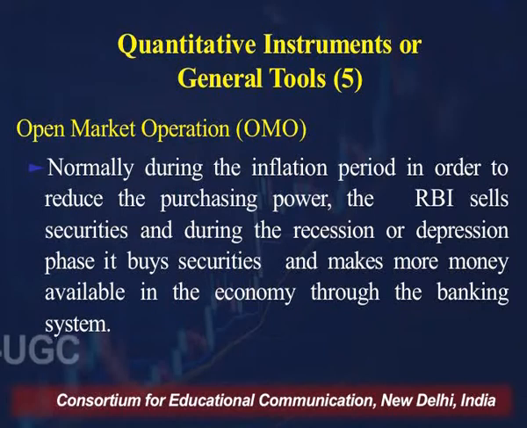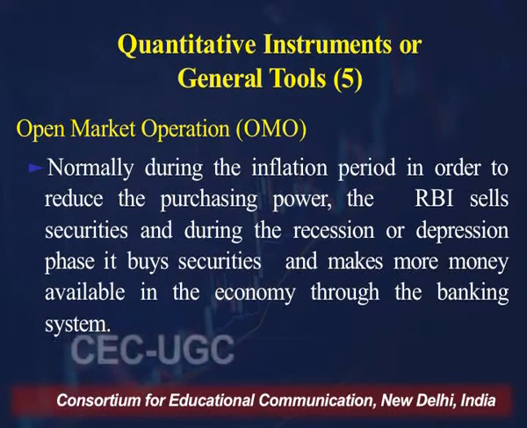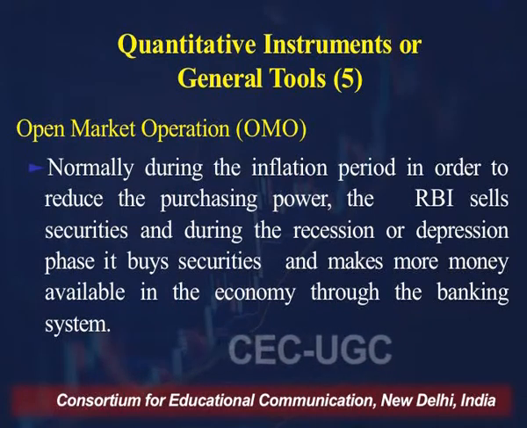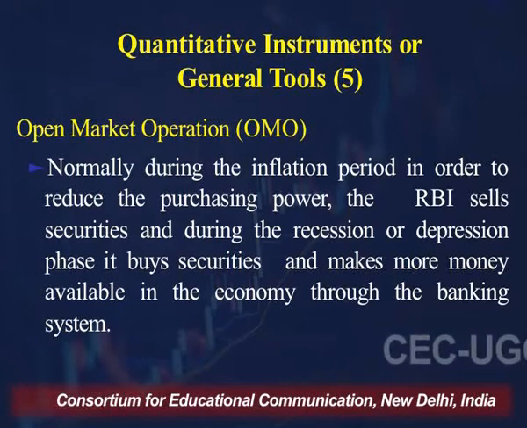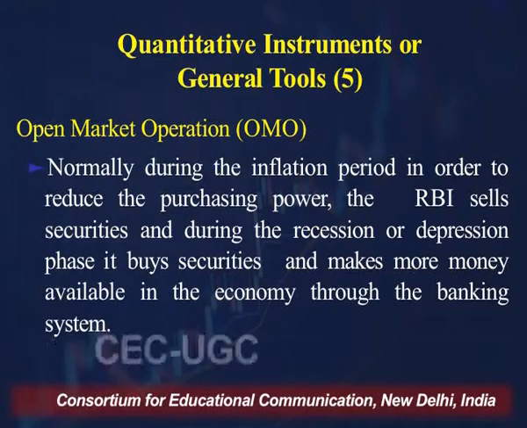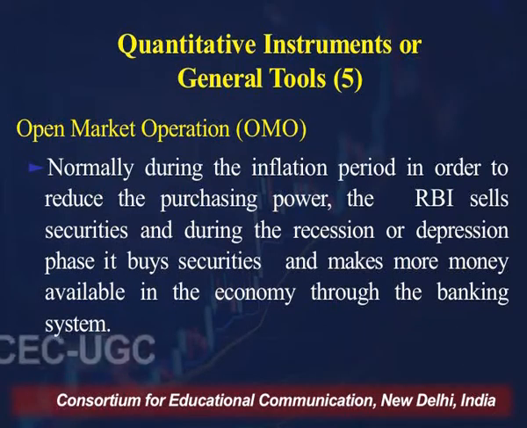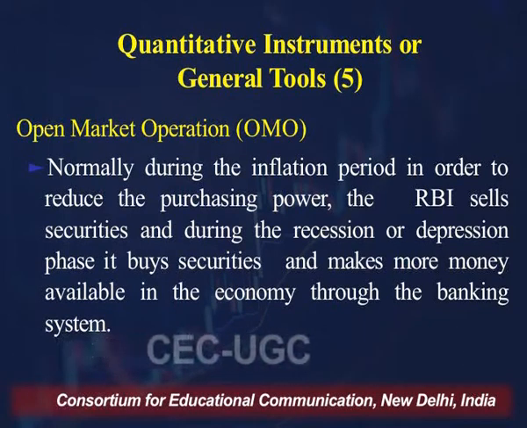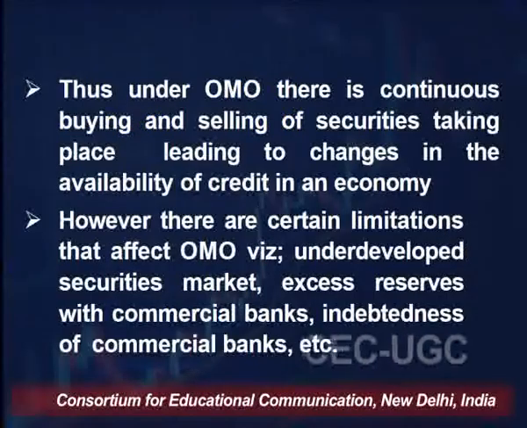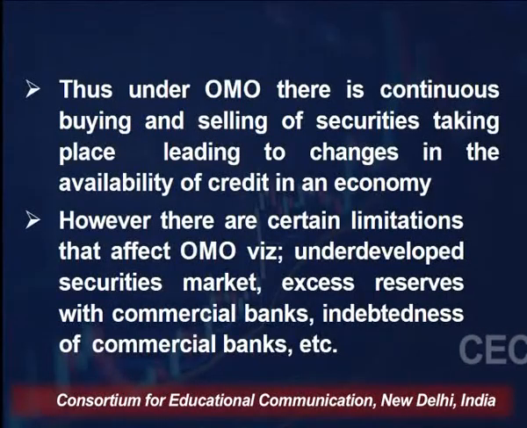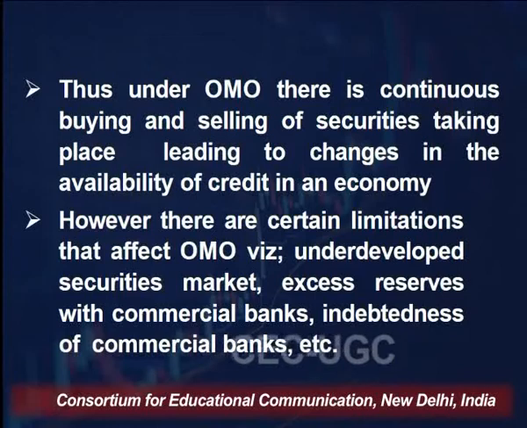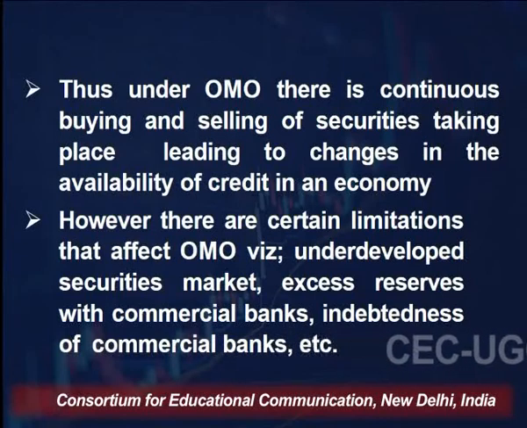Normally, during the inflation period, in order to reduce the purchasing power, the RBI sells securities, and during the recession or depression phase, it buys securities and makes more money available in the economy through the banking system. Thus, under open market operation, there is continuous buying and selling of securities taking place, leading to changes in the availability of credit in an economy.